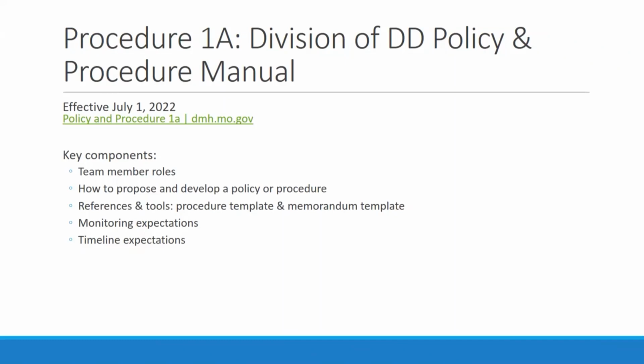Take the time to make it a priority to review all the policy and procedure that's being implemented. And know that you have the power to also propose policy and procedure. So within procedure 1A, it'll outline how to propose to a subject matter expert the inclusion of certain information or clarification, and then there's a process for that to be reviewed.